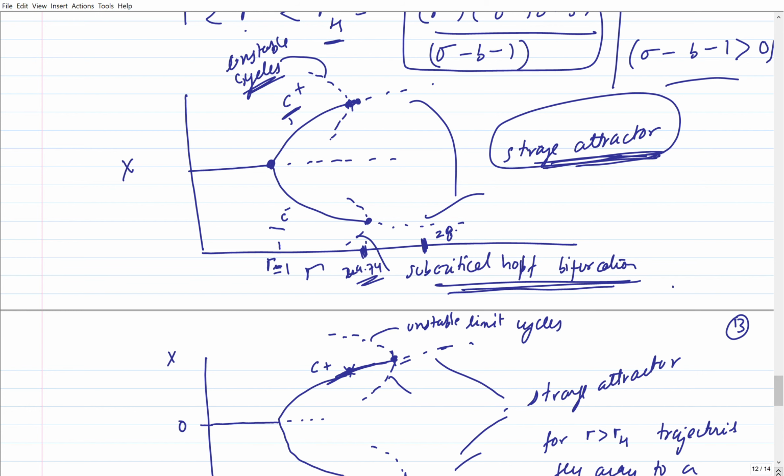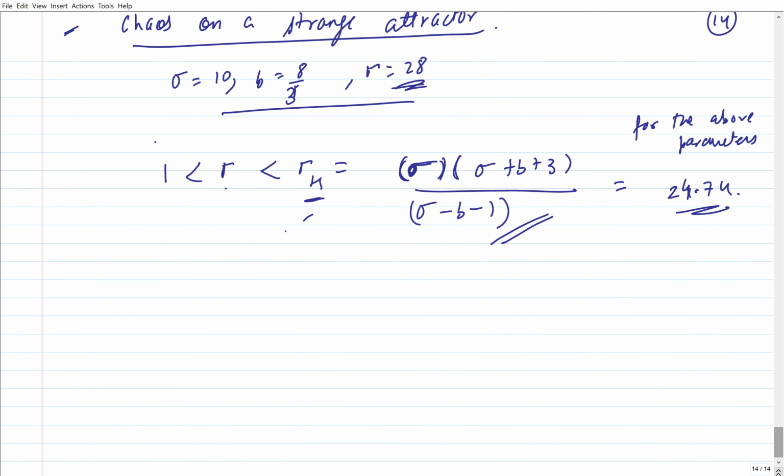In his numerical calculations, for this set of parameters, he noticed very strange erratic behavior.